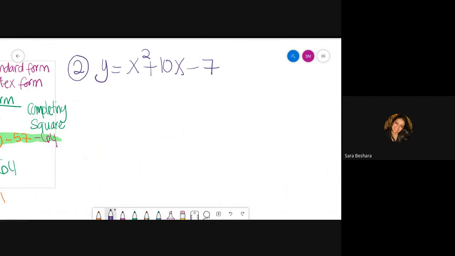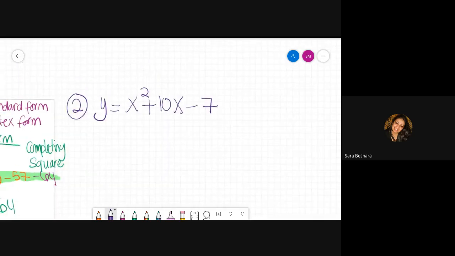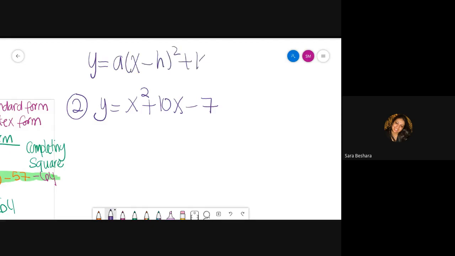Again, remember your goal is to look like the vertex form. Let's write it again. y equals a times (x minus h) squared plus k. Remember, this a is 1 because the coefficient of x squared here is 1. So really not much to do here. I'm going to keep this in purple or yellow, because you want to always refer to it. You need to have it in that form.